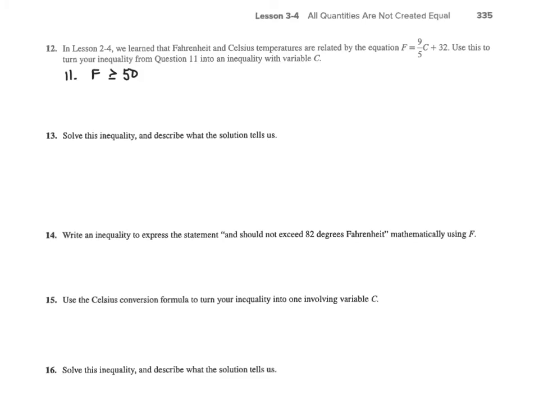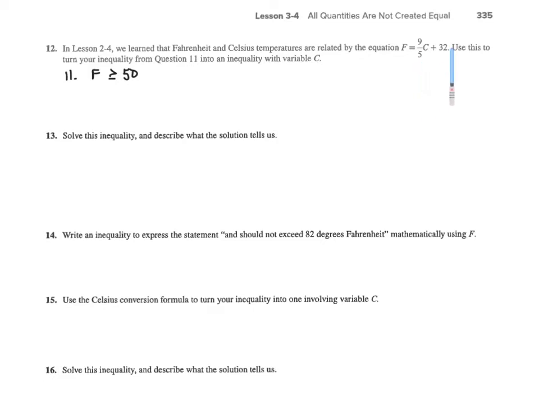Number 12. In Lesson 2.4, we learned that Fahrenheit and Celsius temperatures were related by the equation F equals 9/5 C plus 32. Use this to turn your inequality from question 11, and I went ahead and wrote it down here, into an inequality with the variable C. So we're saying that F is equal to this 9/5 C plus 32.